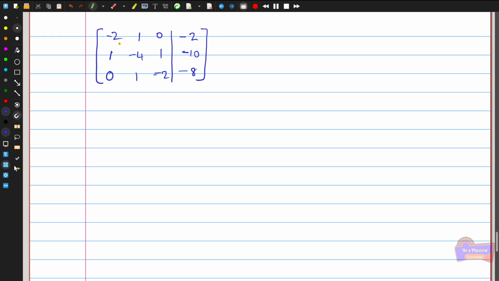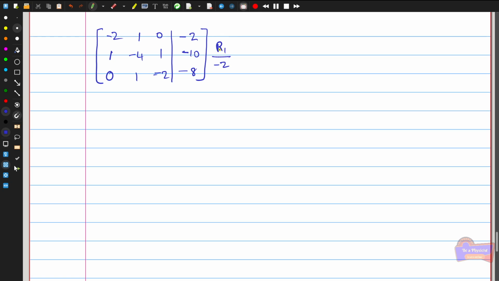So if you want to use the Gauss elimination method, you have to make this first element as 1. In order to do that, I can do the transformation R1 divided by minus 2.